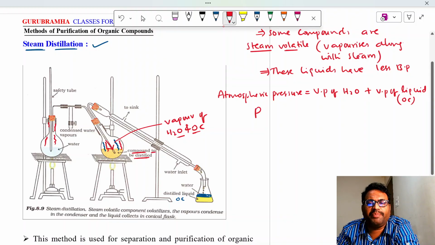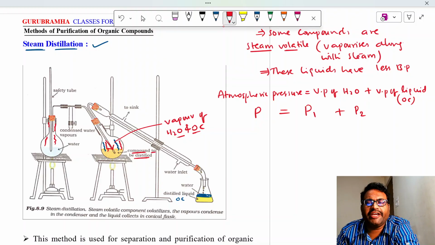Let us take it as P. P is equal to P1 plus P2. Mostly atmospheric pressure is 760 mm on the surface of the earth.